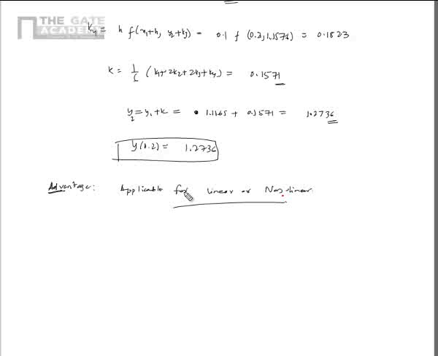So we have seen two methods, the Euler method and the Runge-Kutta method. In the Euler method, the basic idea was dividing the interval into n number of parts, and in each subinterval approximating the curve to be a tangent at the former point.